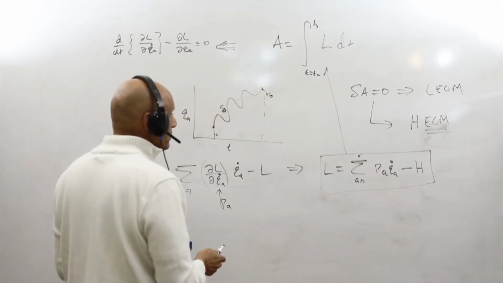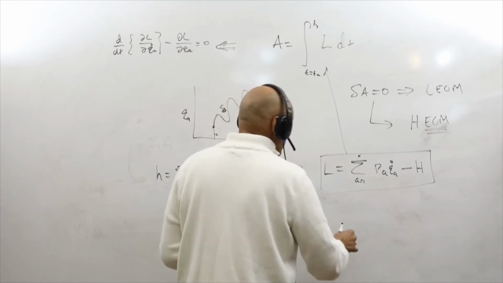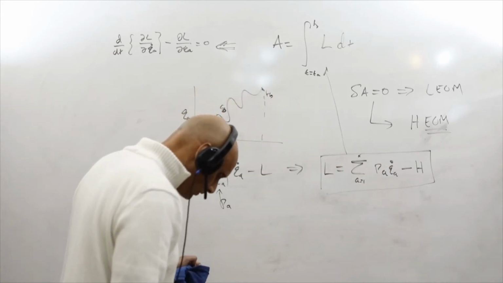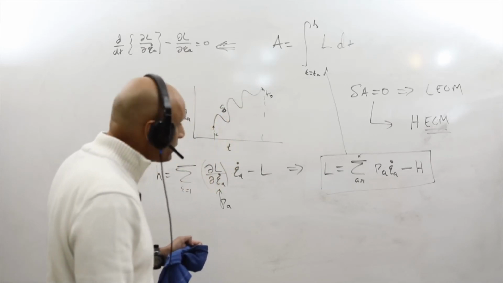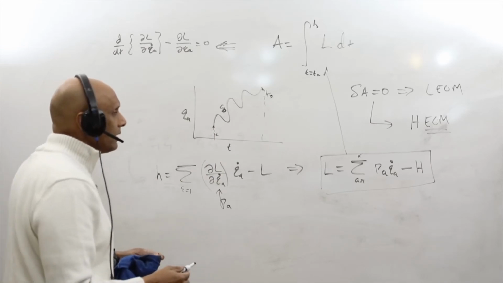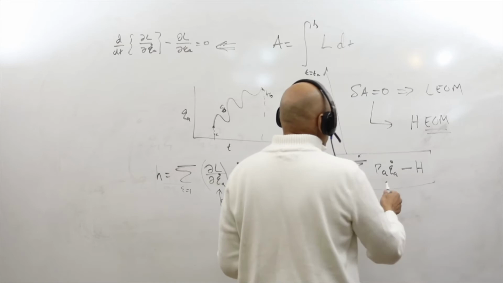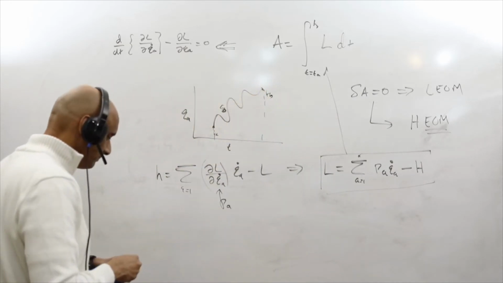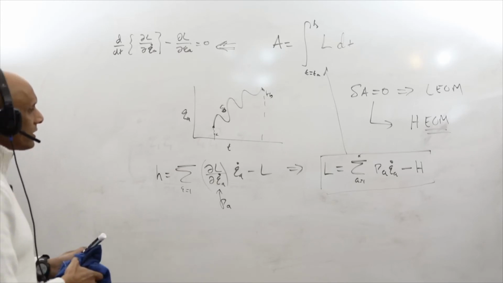So the Lagrangian is written in terms of coordinates of p_a's and q_a's. I know there's a q_a dot, it doesn't look right, but we'll see when we do the variation that it disappears. And of course, H is a function of p's, q's, and time. Okay, so that's where I'm going to start.